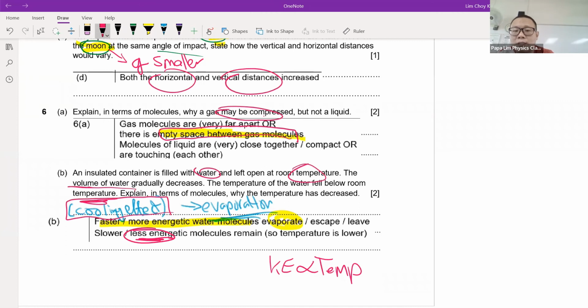Because the molecules have lesser kinetic energy, the temperature of the substance, the container, is reduced. This is what we mean by the cooling effect. So the answer revolves around students explaining how evaporation works. You need to know the facts and the keywords given in the question before you can answer question 6.